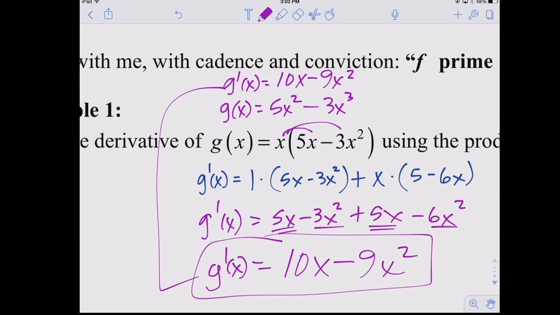So why would I do it 2 different ways? It's nice to have choices, but it's also nice to be able to verify that this new rule that we just got actually works. So now that you know that it works, you have full confidence in using it, right? Yes, sir. And you can go forth and be mathy.